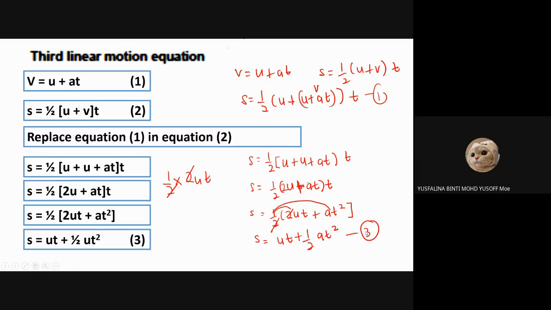Okay, are you clear? Teacher, the slide got a typo, right? For 3. Which part? This one should be A, right? Should be A. Okay, thank you, Vivian.